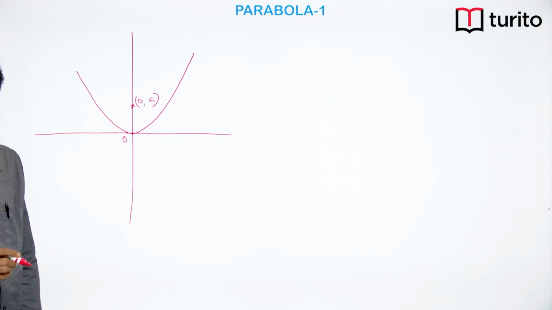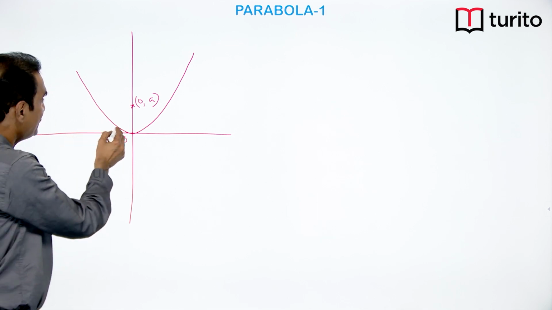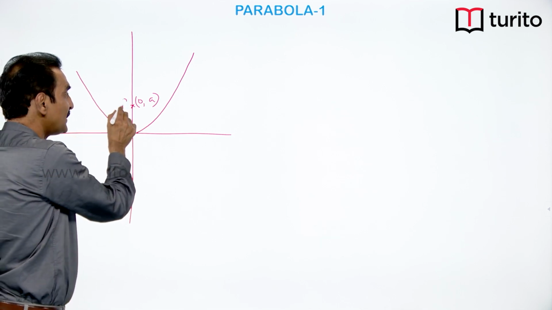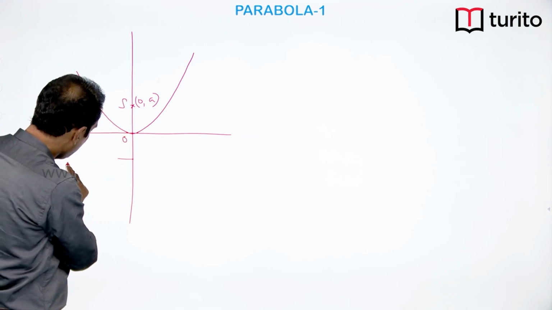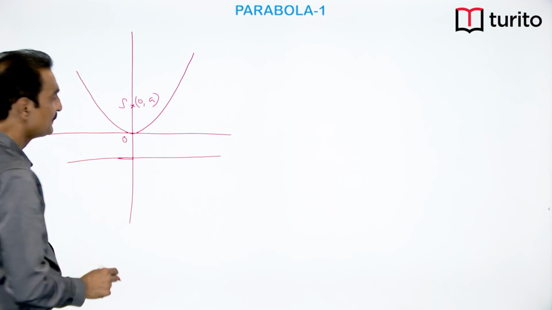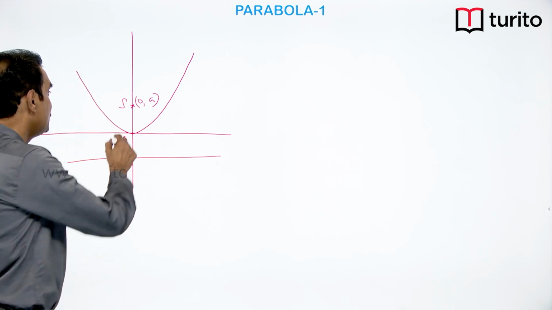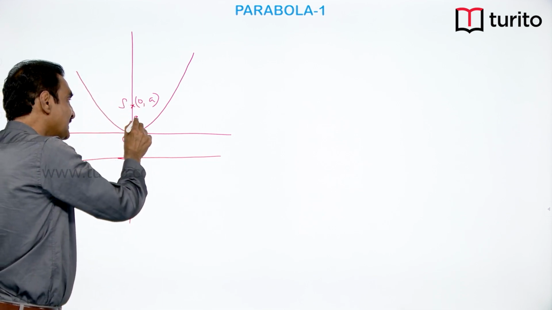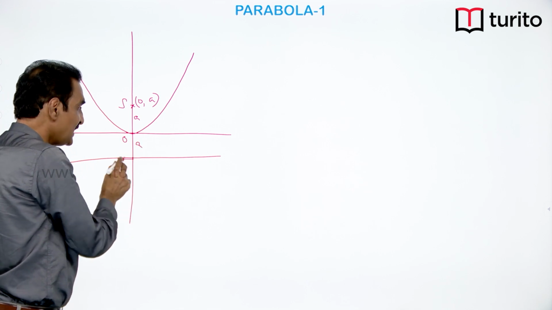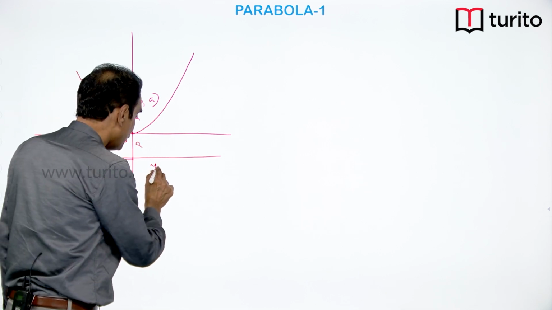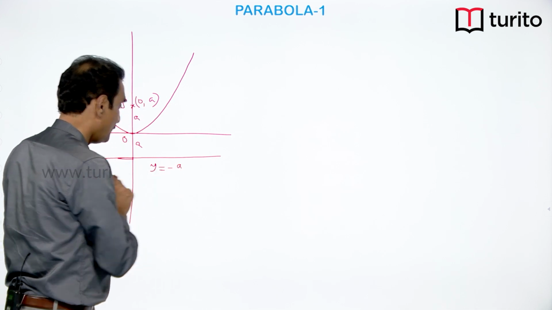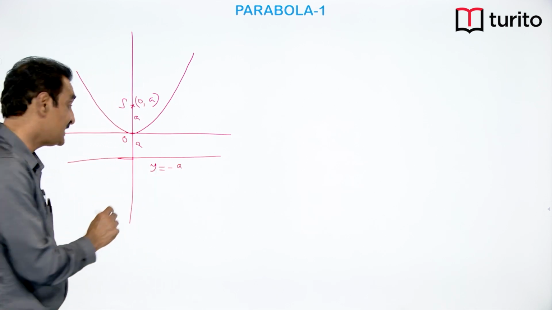Then where will be the directrix? The other side. The vertex must be equidistant from the focus and the directrix, no? So, the directrix comes this side, below the x axis. This distance is a, so this distance is also a. So, what is the equation of the directrix? y = -a or y + a = 0.